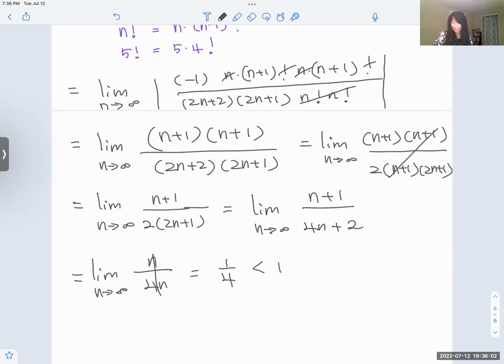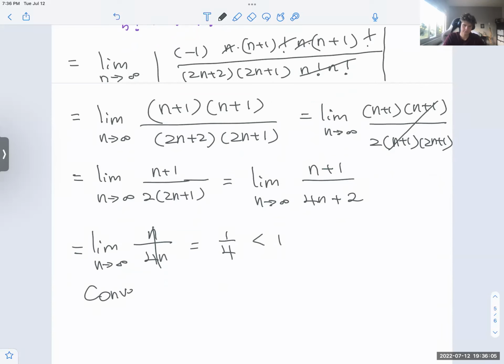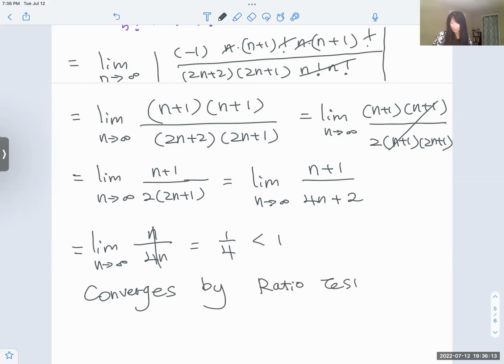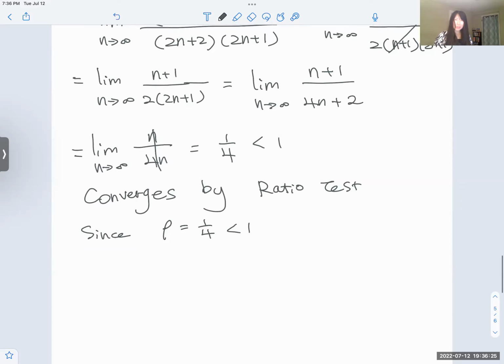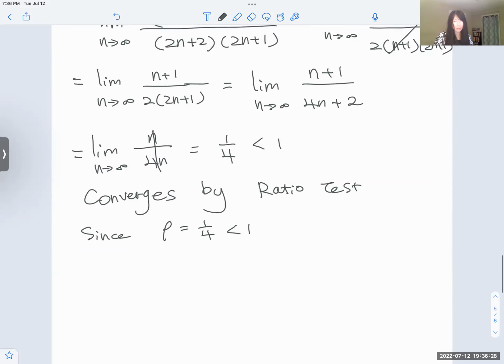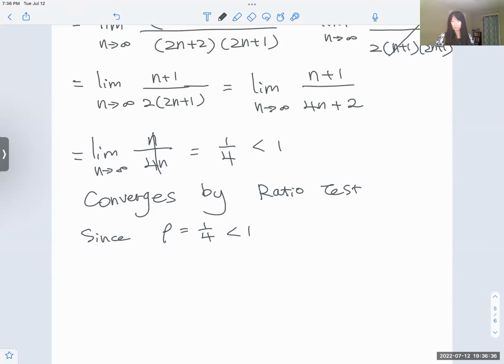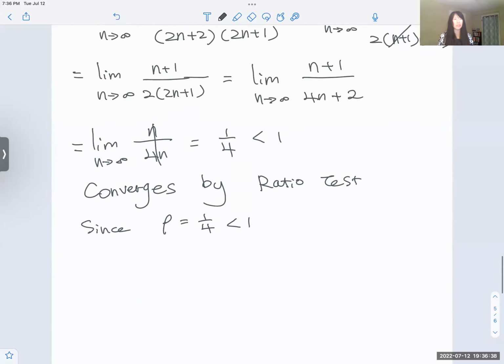Okay, so it converges by the ratio test, since rho equals 1/4, less than 1. Okay, good job. So it's not that hard compared with the limit comparison test, alternating series test, and absolute convergence. Just algebraically more work. That's it.